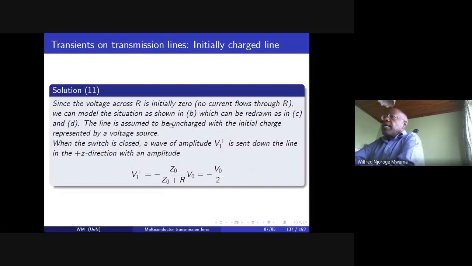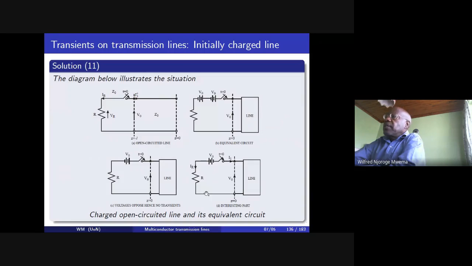The line is assumed to be uncharged with an initial charge represented by a voltage source. So when the switch is closed, a wave of amplitude V1 plus is sent down the line in the positive z direction, with amplitude V1 plus equal to minus Z0 over Z0 plus R, multiplied by V0. That is, we are using this particular equation here.